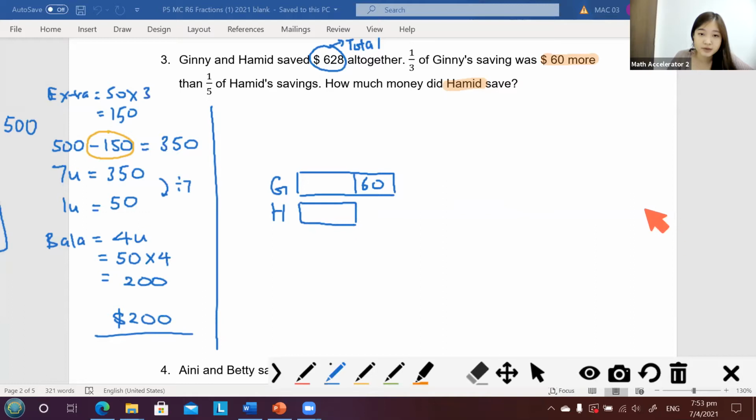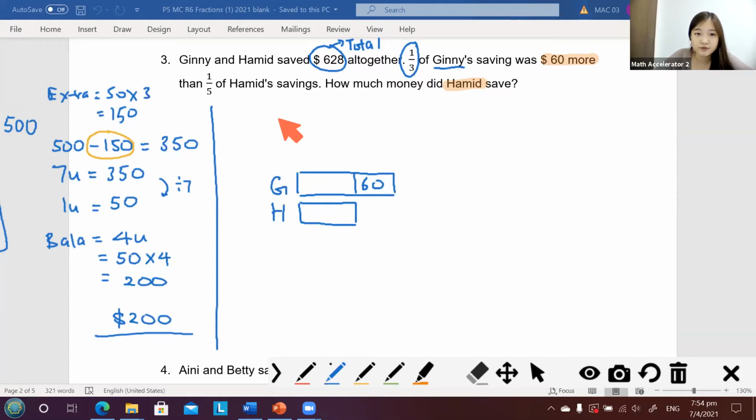Alright, and then your next step. Okay, how are we going to put the total into the model? This is only if we have all of the savings for Guinea and all of the savings for Hamid. But what we just drew is only 1/3 of Guinea. 1/3 of Guinea is 60 more. So this is 1/3. So stack it up.